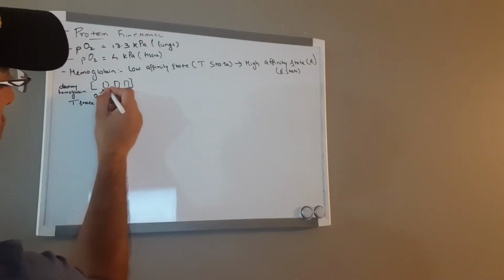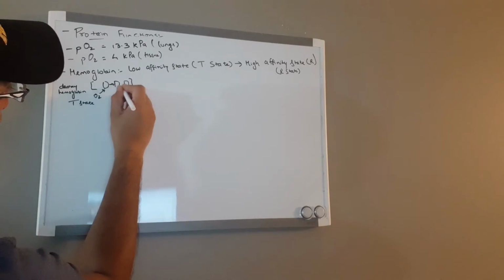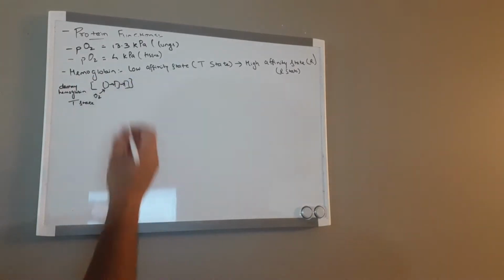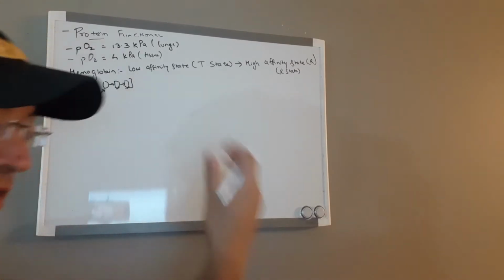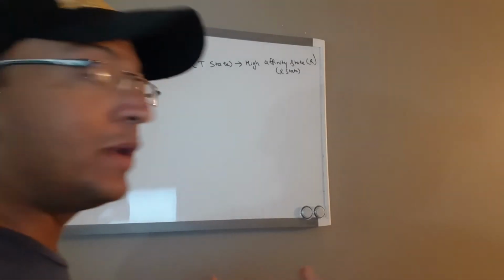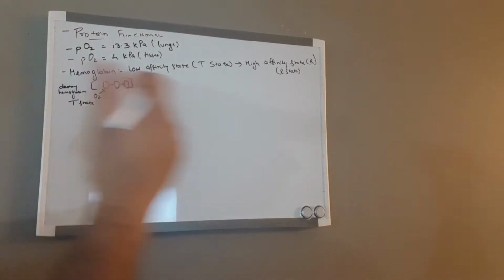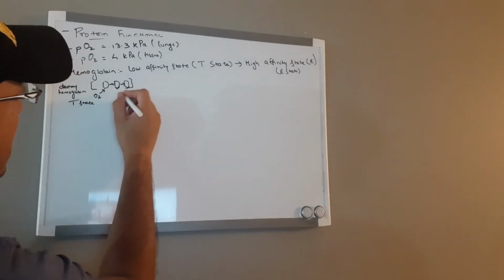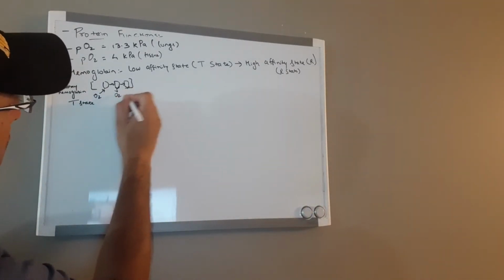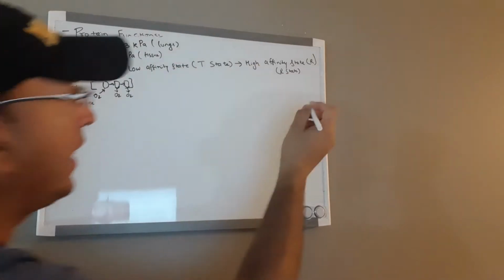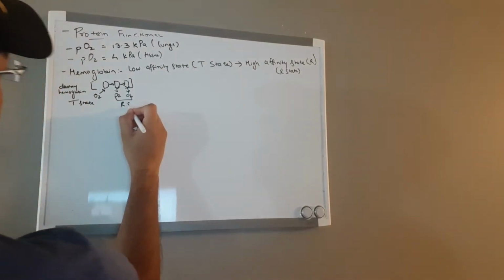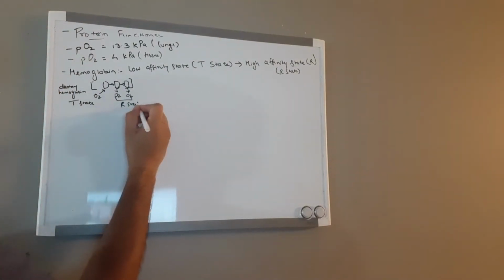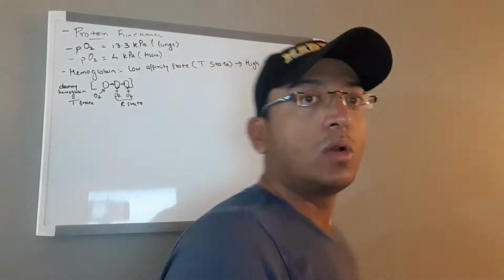So when this binds to this, it will make conformational changes to these different subunits, and then this will bind perfectly as it changes to the high affinity, from the T state to the R state, right?